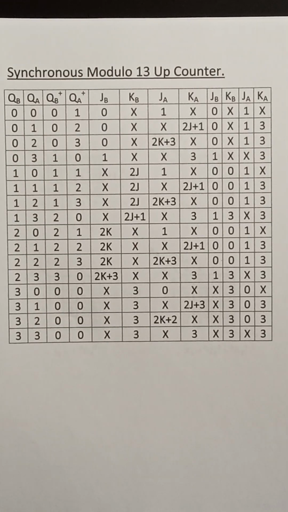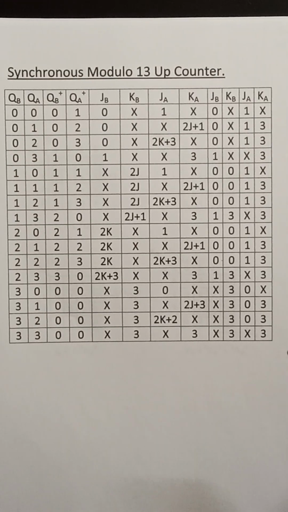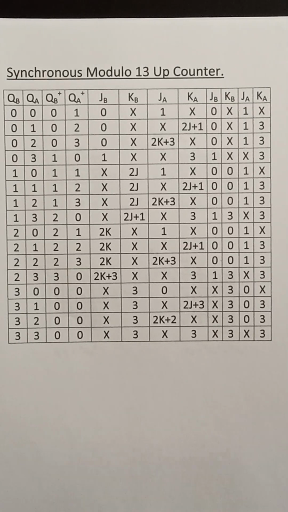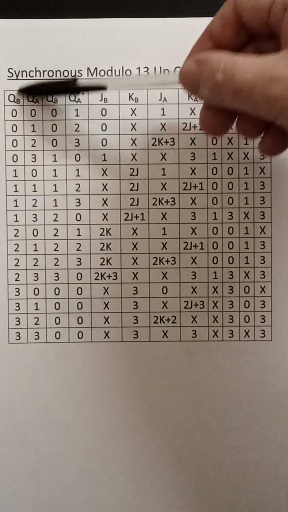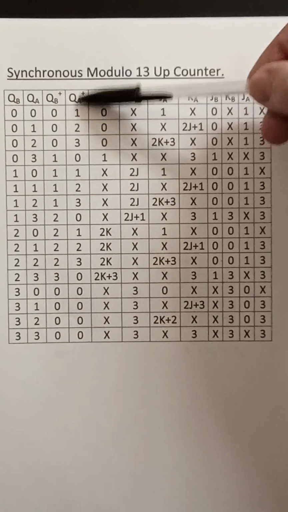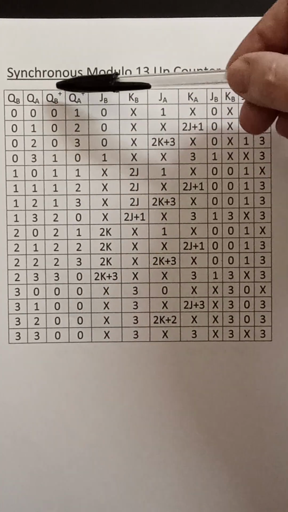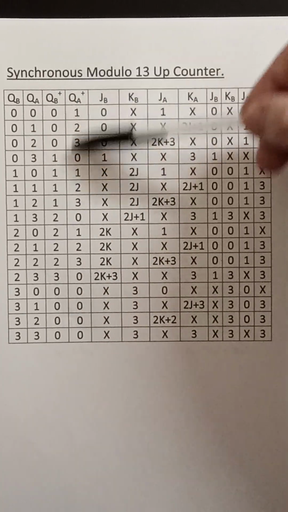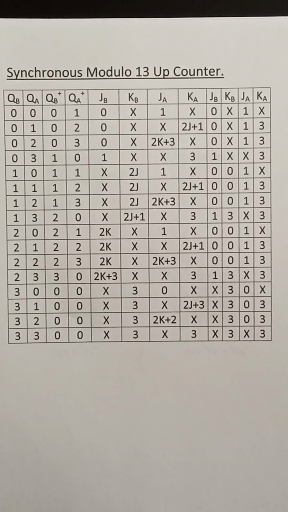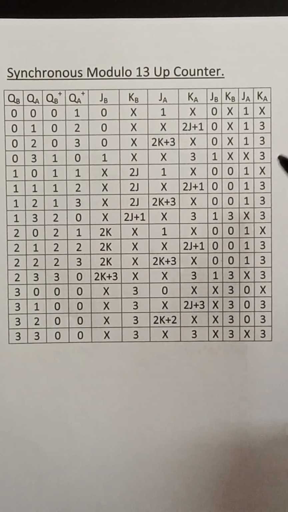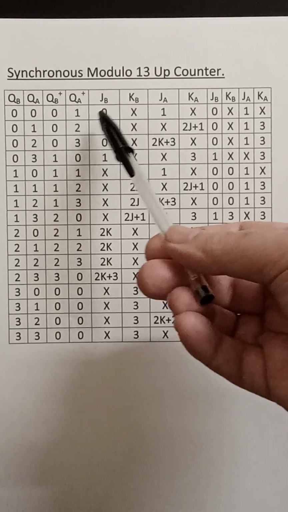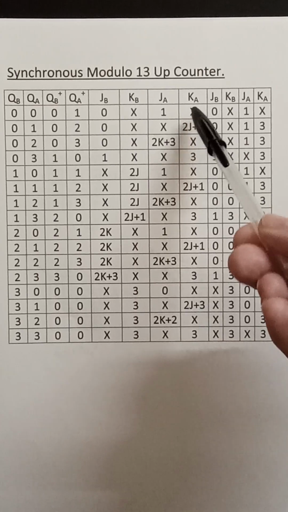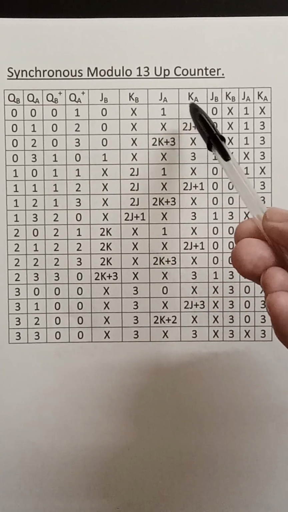Right, well, that's that. Now I'm going to go through a synchronous modular 13 up counter. We have QA, QB present state, and QA plus, QB plus next state. I'm going to implement it with the JK flip-flop. So I've listed the excitation table for the JK flip-flops here.